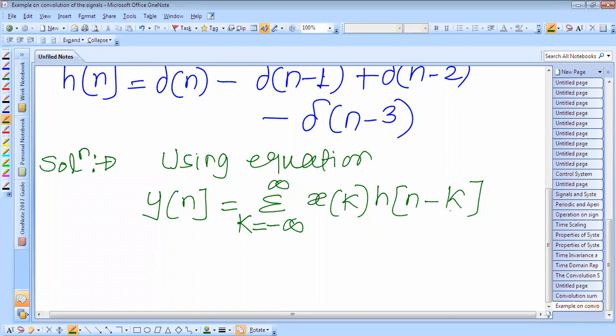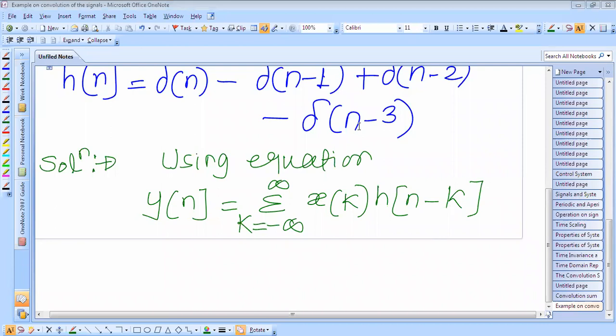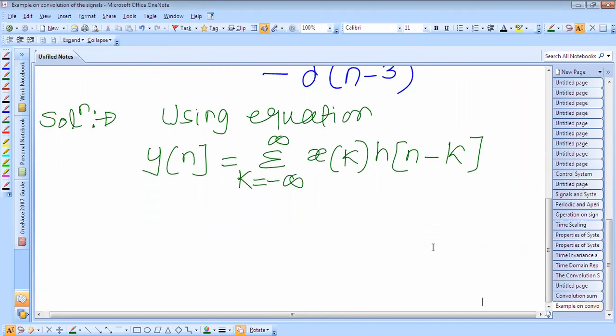So this is the output equation. By using this equation we have to find it. x of k is the input, and by putting in different values, h of n minus k is the impulse response which is shifted by some time k magnitude.